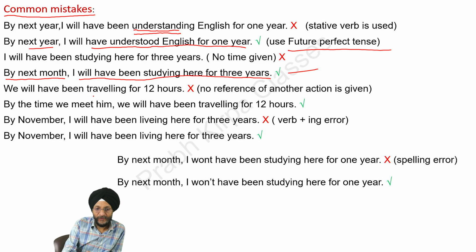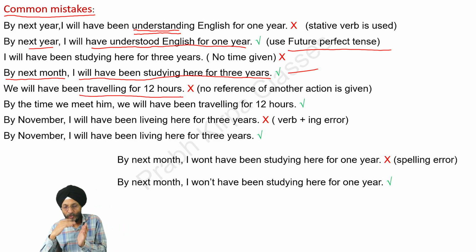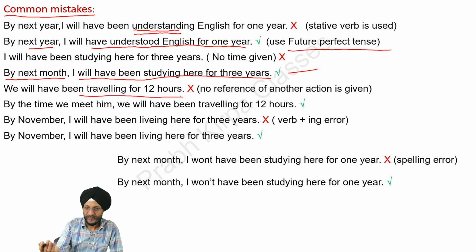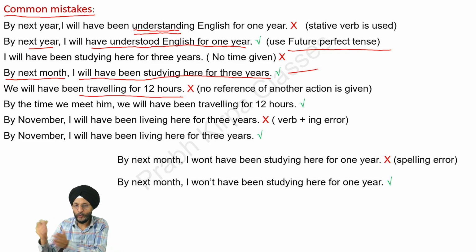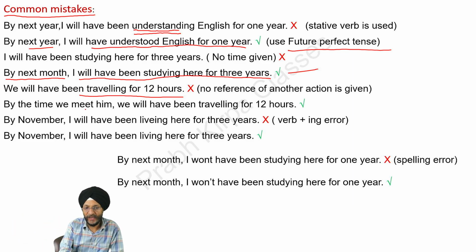Next comes, we will have been traveling for 12 hours. Here continuity of action is given, but when these 12 hours are going to complete, no time in the future is given, or there is no reference of any other action when the 12 hours are going to complete in the future. So we have given here a reference of another action.